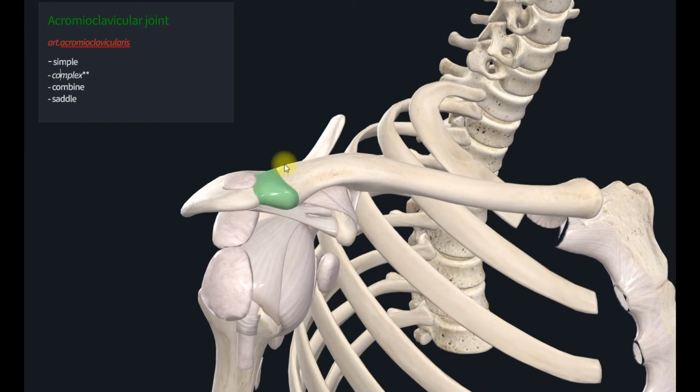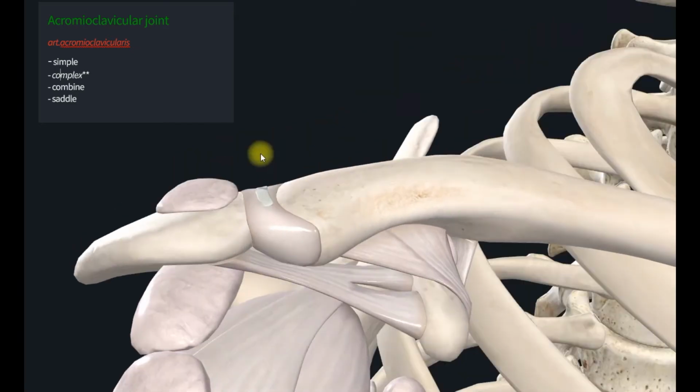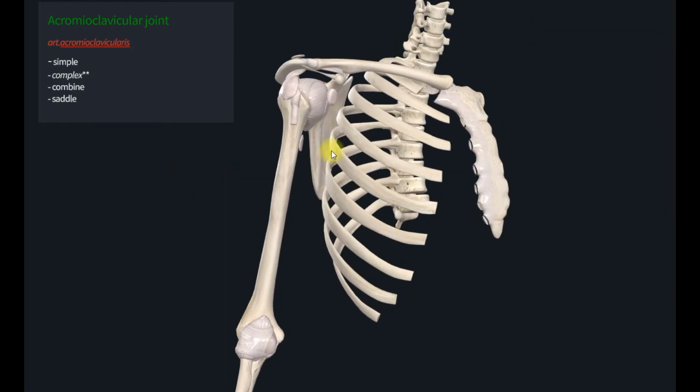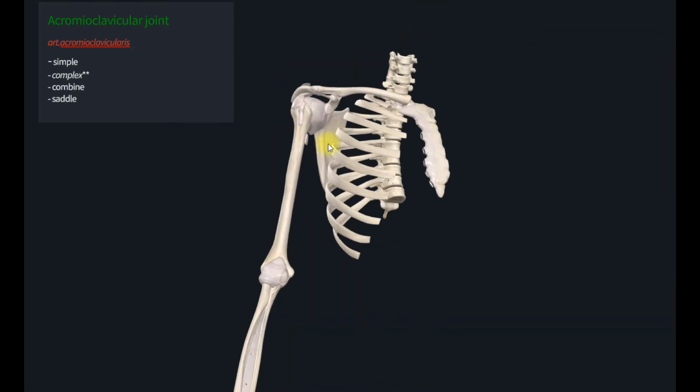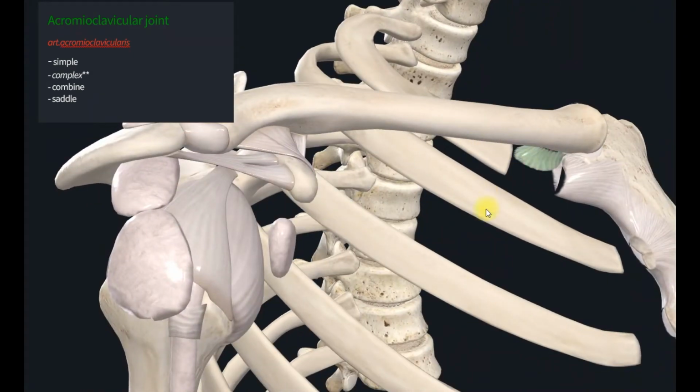This joint is optionally complex, which means in some persons it can be complex, but some persons have no disc inside this joint, so it is not complex. The reason why this joint has a disc inside which separates two cavities is the hard physical work of the person.